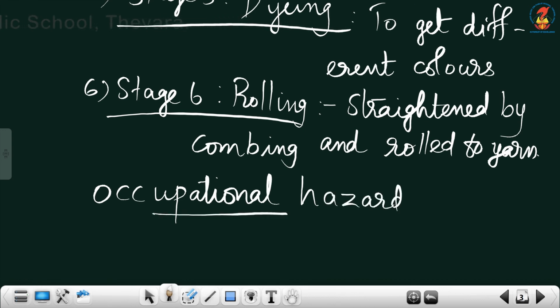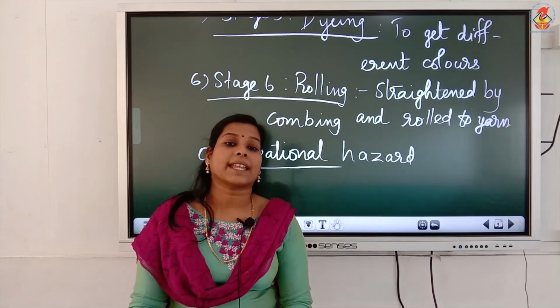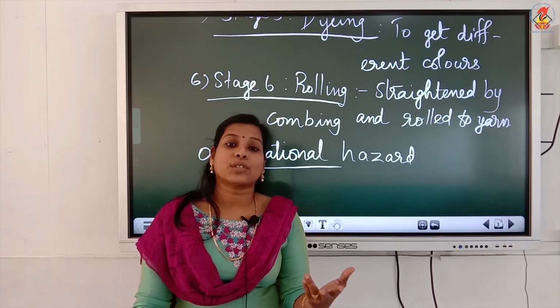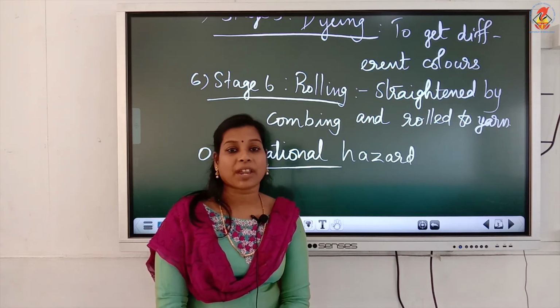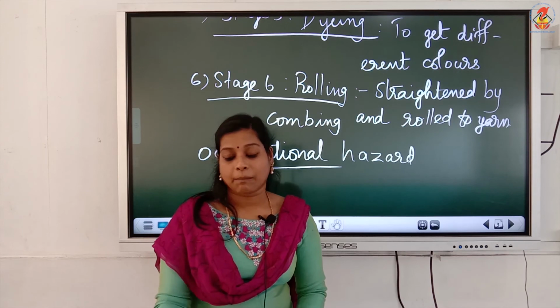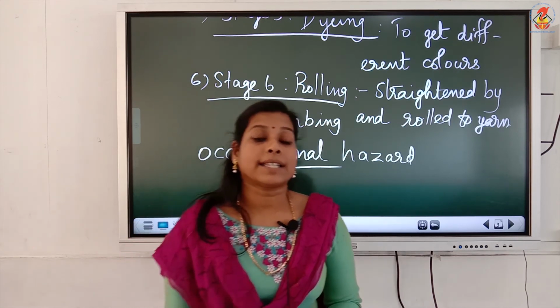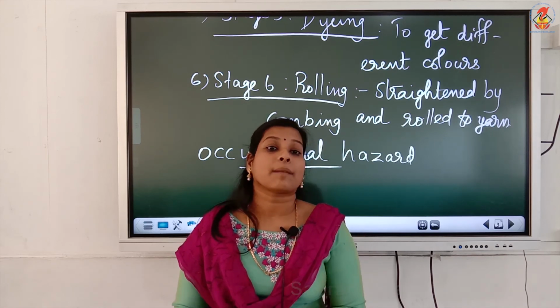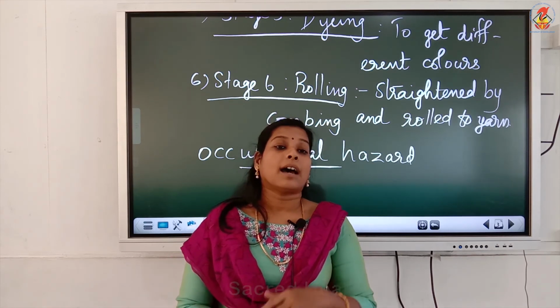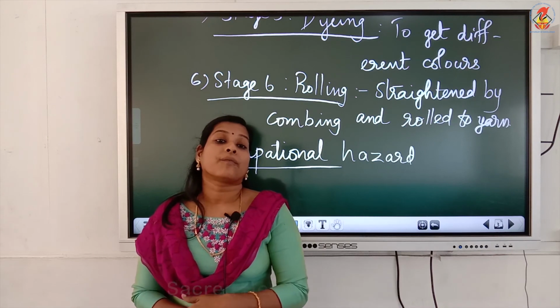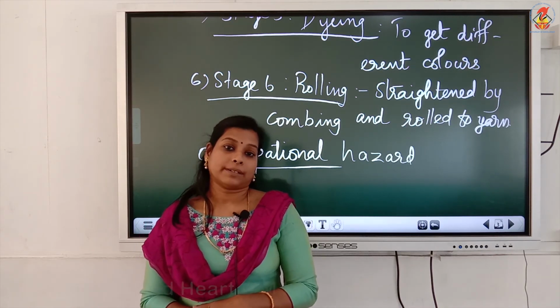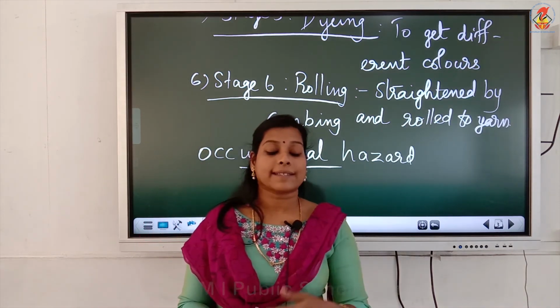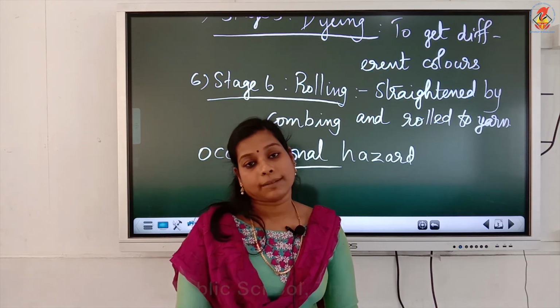Occupational hazard means any sort of occupation that faces any type of health issues, that is known as occupational hazard. For example, we can say that making wool or the wool industry is an important industry. It will be the livelihood for many people, isn't it? Many people are taking this as their livelihood.